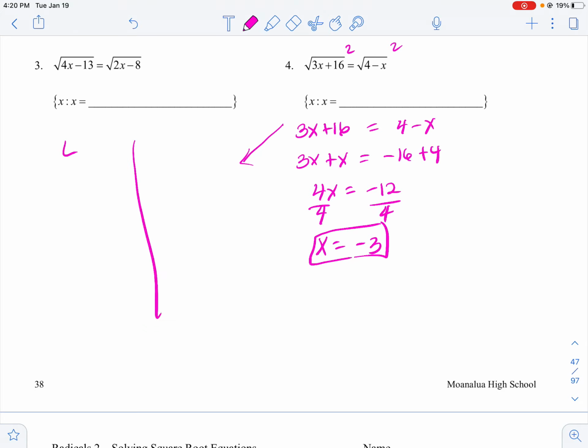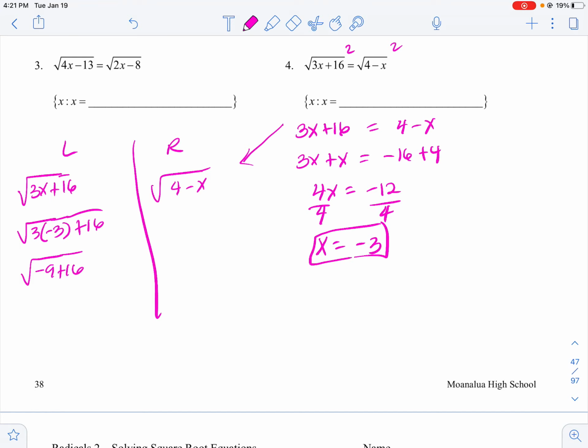We have left and right: the square root of 3x plus 16 and the square root of 4 minus x. We have 3 times negative 3, remember the negative, plus 16. 3 times 3 is going to be negative 9 plus 16. And negative 9 plus 16 is the square root of 7.